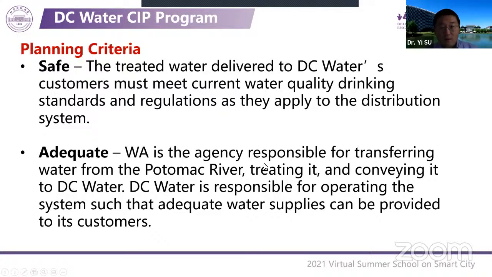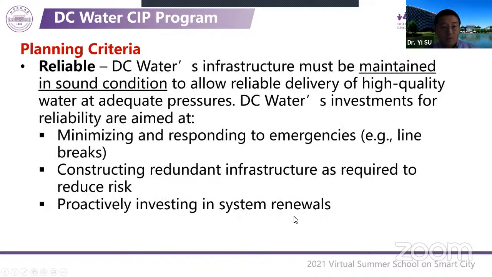Safe, so it must meet current water quality drinking standards and regulations. And adequate, responsible for transferring water from the Potomac River, treating it, and conveying it to DC Water, so that adequate water supplies can be provided to its customers. And reliable, so the infrastructure must be maintained in sound condition.